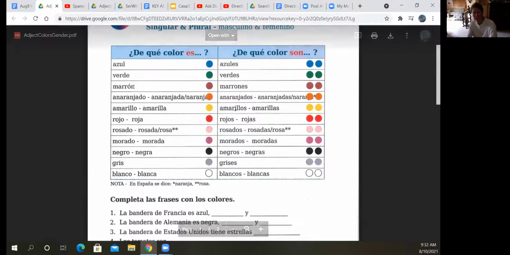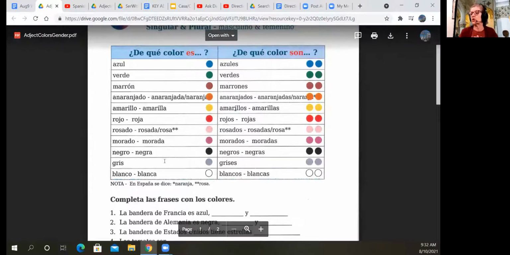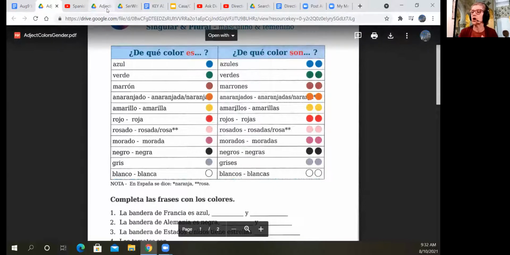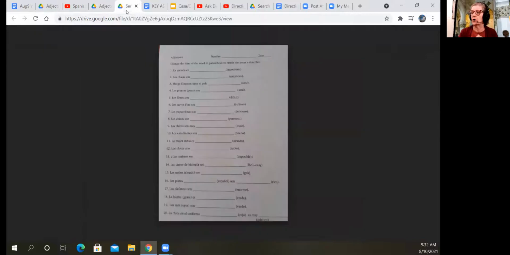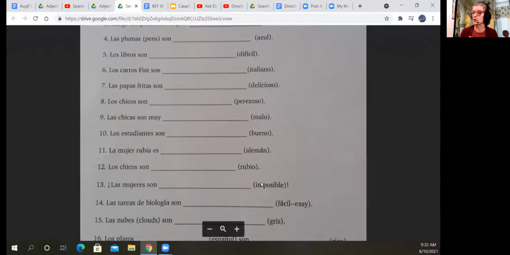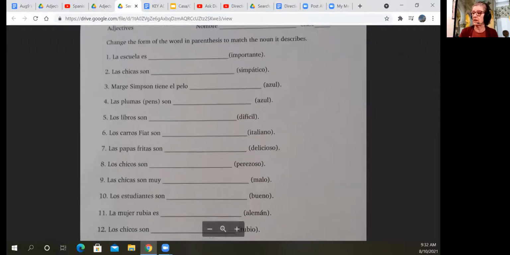We're going to do the answers to this page, which is kind of the introduction to adjectives. We're going to give you the answers for this page. So we'll take a look at this. Okay, so that's all adjectives.